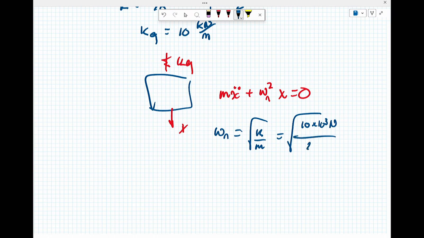Now, because I'm extraordinarily careful with my units, I recognize that I have a spring constant in kilonewtons, and so I'll have 10,000 newtons, not 10 newtons. So putting the terms in, omega n is 14.14 rads per second.